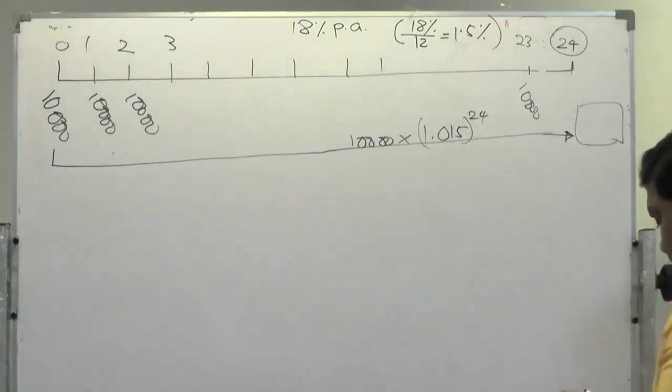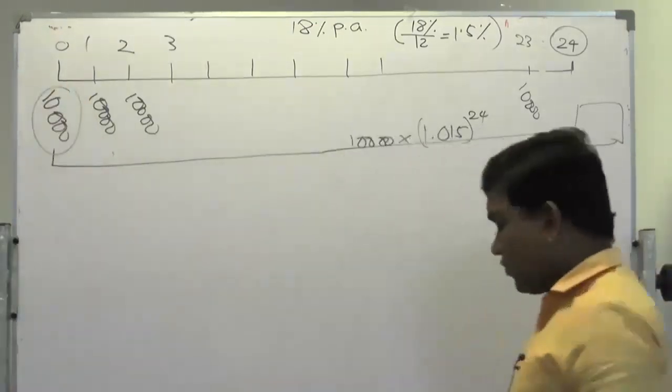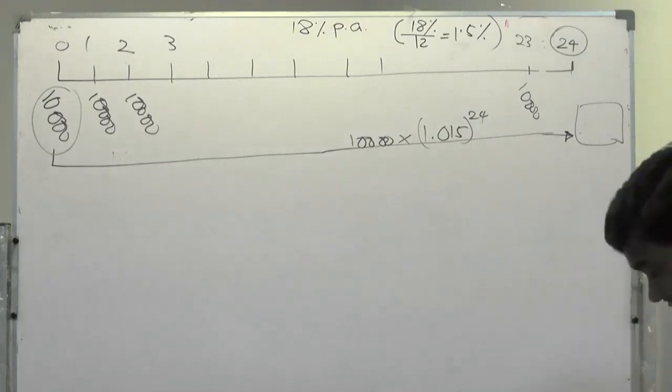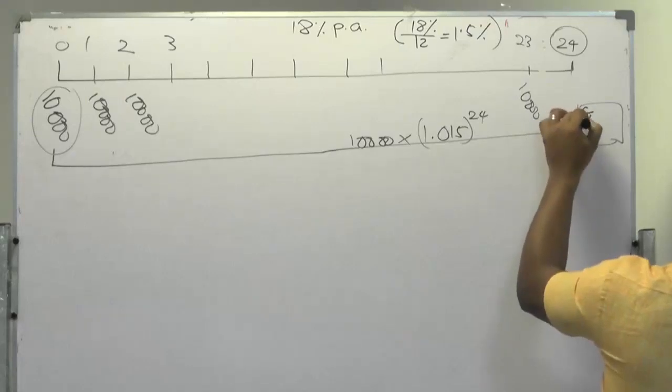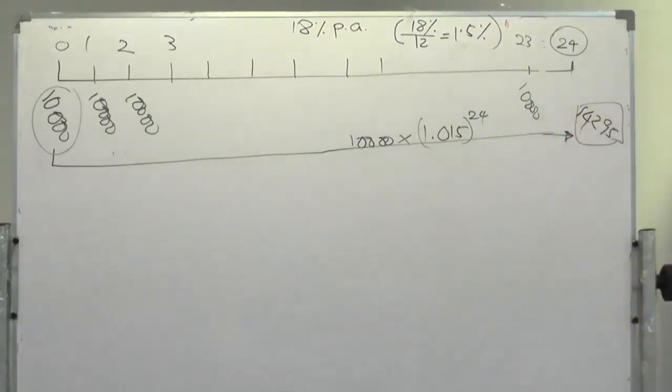Then what is the total amount you can collect for the first 10,000 investment? 10,000 into 1.015 power 24, you can collect 14,295.